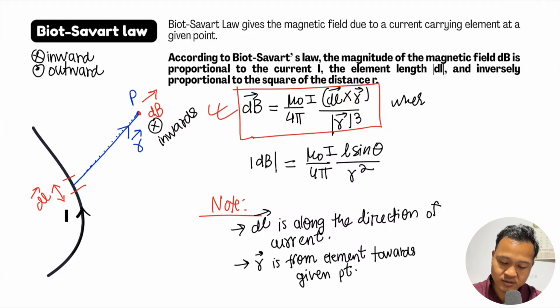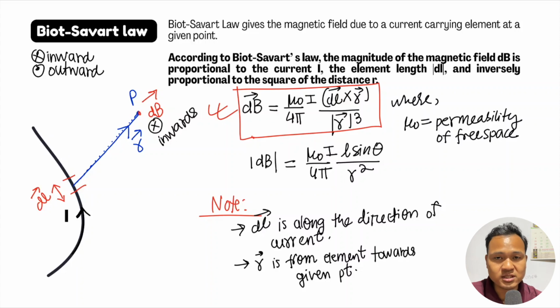Where mu naught is called the permeability of free space. In electrostatics we had the permittivity of free space epsilon naught. The permeability of free space has the value 4 pi into 10 power minus 7.